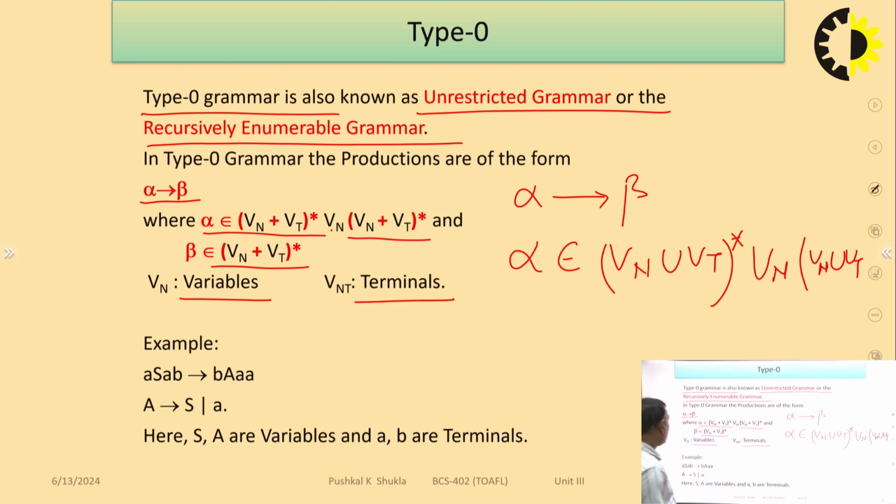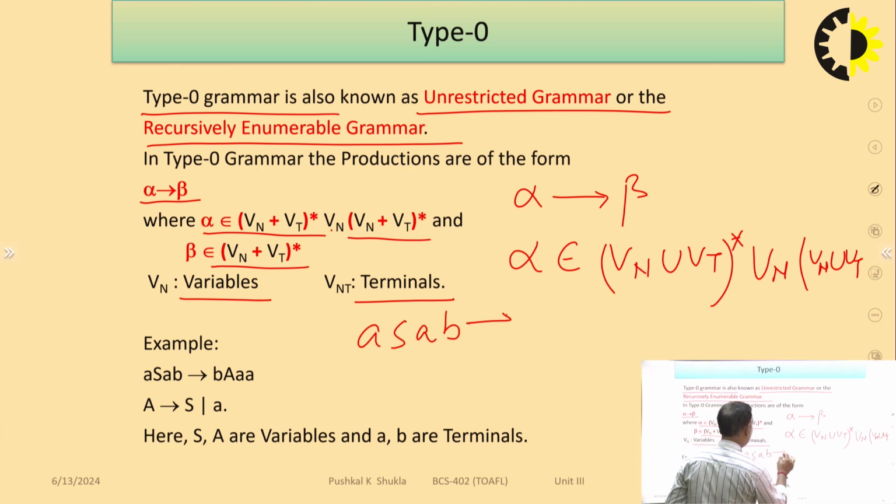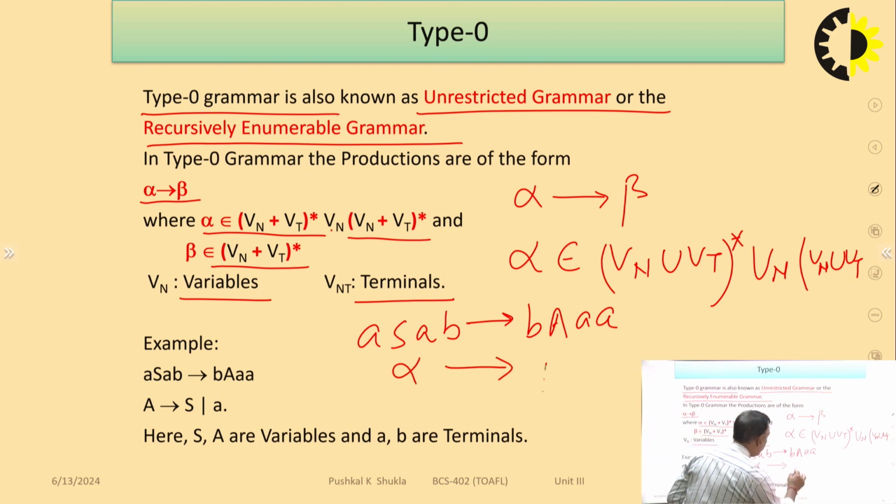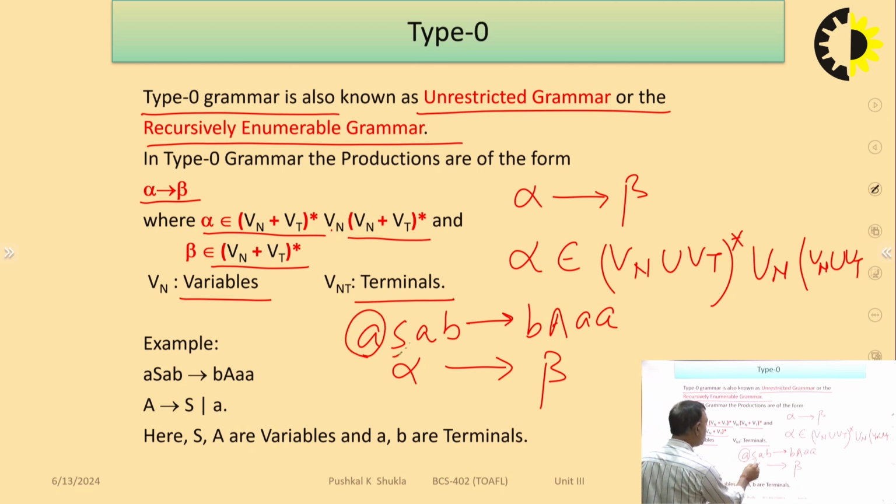For example, AB equals BAA. So this is alpha and this is beta, and alpha contains Vt, Vn, Vt, Vt, that is, (Vn union Vt)* with Vn. There is no restriction on alpha and no restriction on beta.